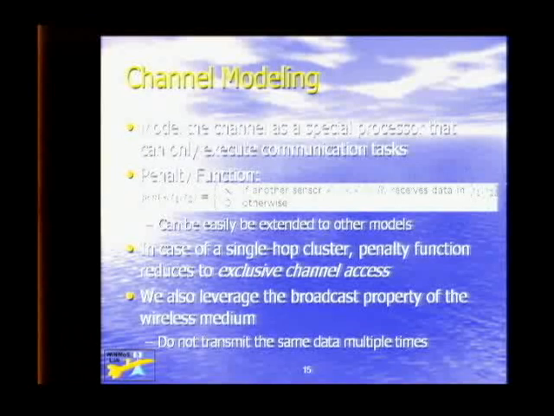So that is, again, a rigidity to the solution that I'm talking about. So in case of a single hop cluster, this penalty function reduces to exclusive channel access, which is a nice thing because now I can actually represent this graph and these dependencies in a very, very compact manner.